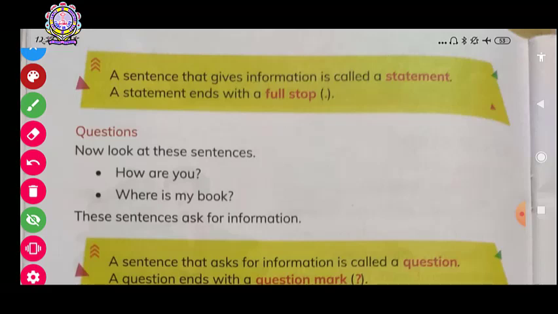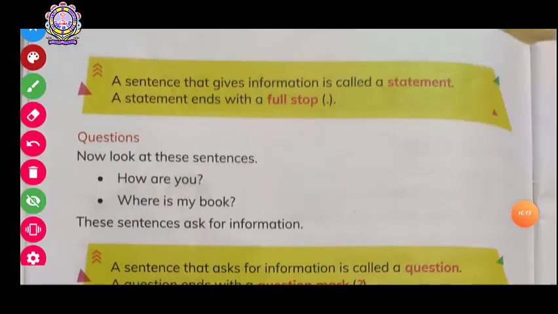So I hope it's very clear. All right, is it clear? If you're not able to understand, then you can ask me on WhatsApp. But remember one thing, a group of words that forms a complete sense is called a sentence.